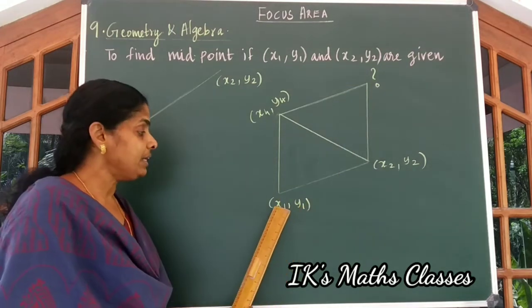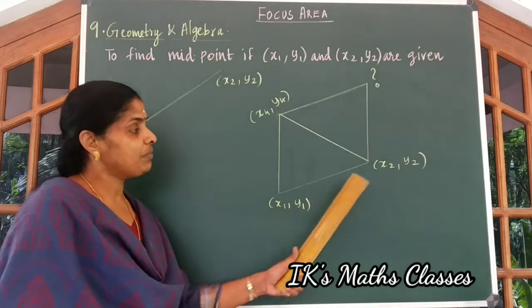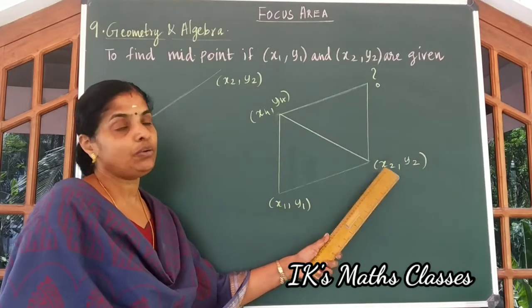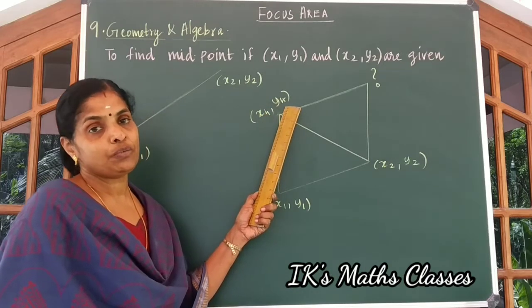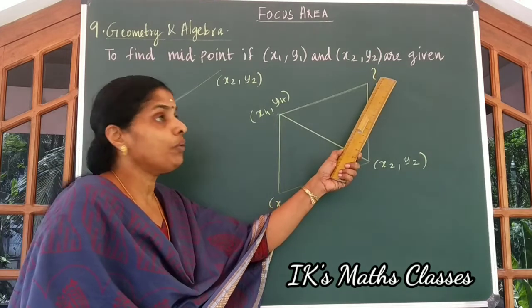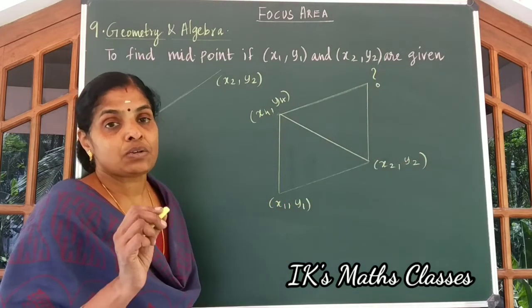You will be given three vertices. I have marked them as x1, y1, x2, y2 and x4, y4. What we are going to find out is the unknown vertex, which is represented as x comma y.